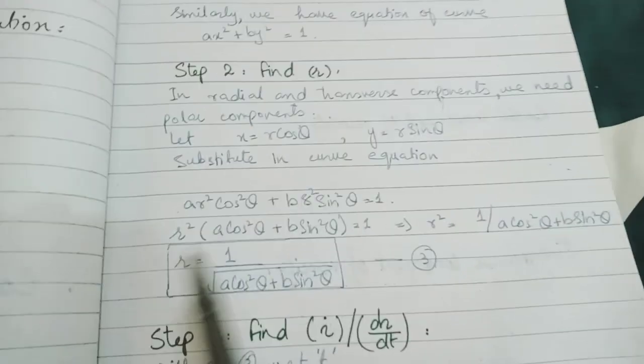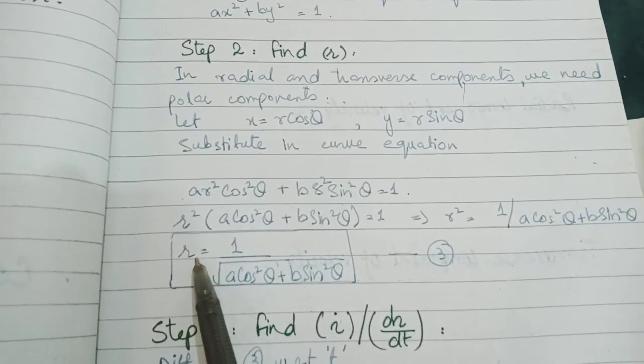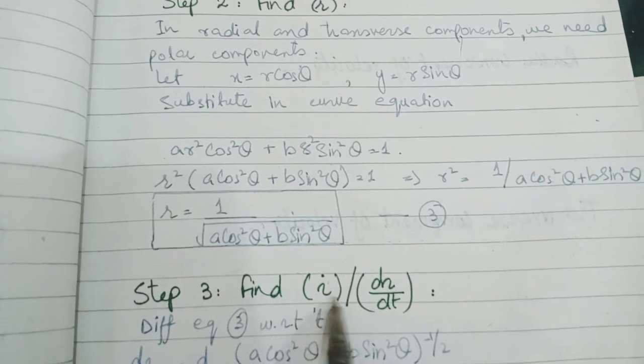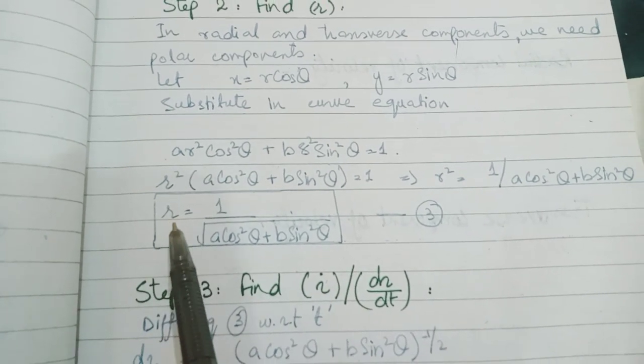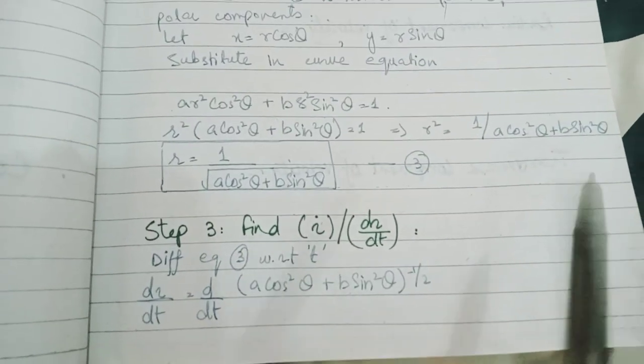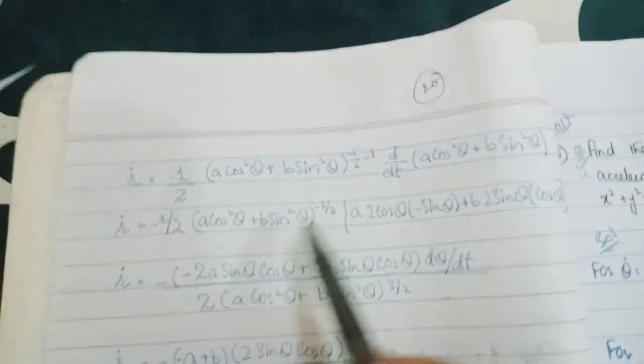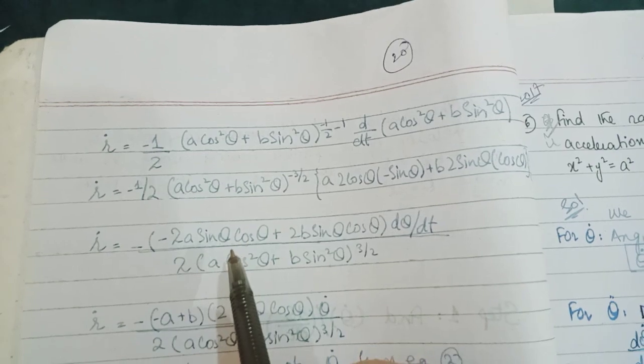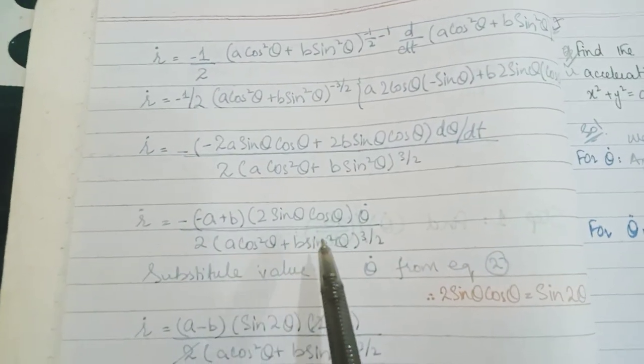We have already found the value of r. Now we have to find the value of r dot. So we would differentiate r with respect to t. We differentiate it like this, and after applying the rules of differentiation, we have gained the value of r dot, which is this.